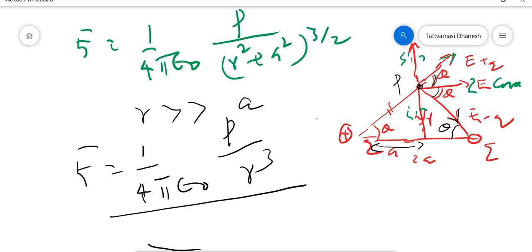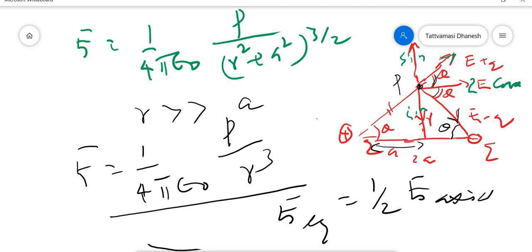So you can see it here. The magnitude of the intensity of electric field in the equatorial position is half of the axial position. So you can write E equatorial is half into E axial. That means E axial is 2 into E equatorial. So that's another important point you need to keep in mind.